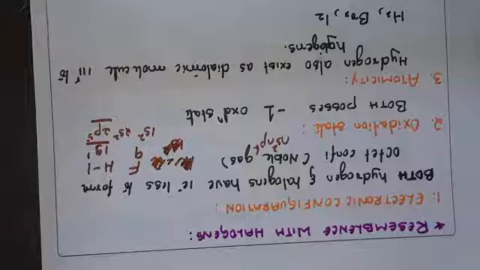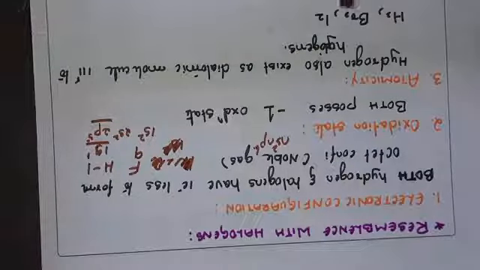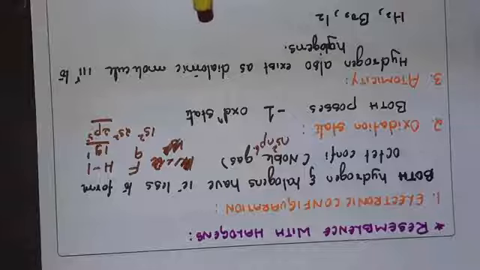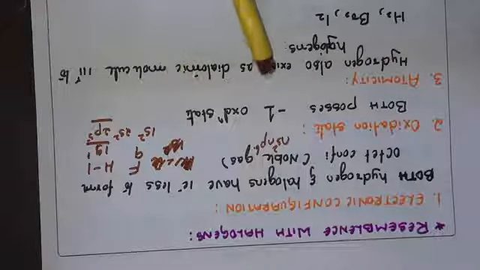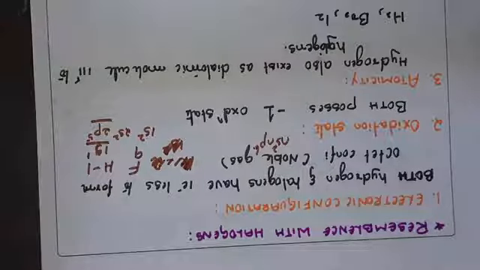Finally, the atomicity. Both halogens as well as hydrogen exist in the diatomic state, like the hydrogen molecule H2, Br2 bromine molecule, I2 iodine molecule, F2 fluorine molecule, etc. The atomicity, the number of atoms present in a molecule, is 2 for both hydrogen as well as halogens; both exist in diatomic form.